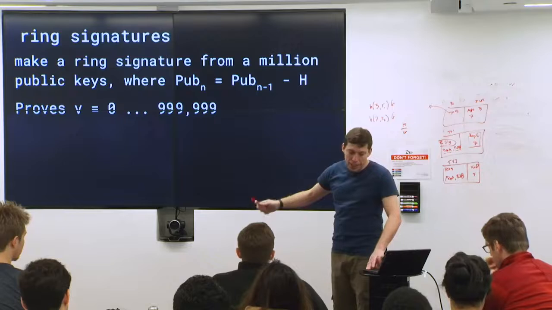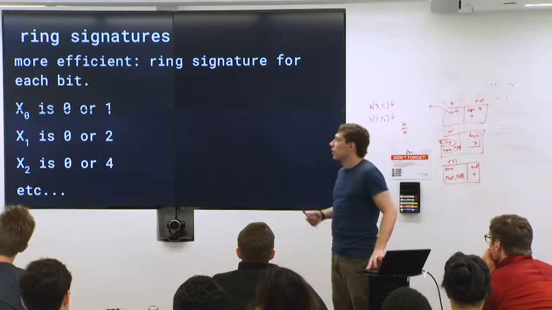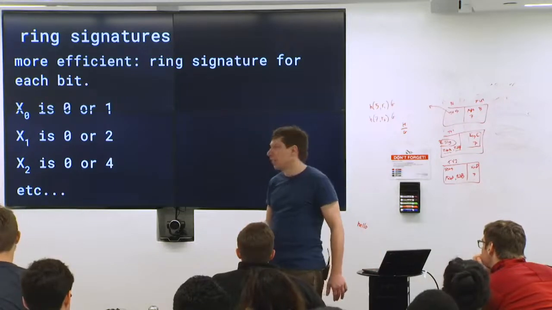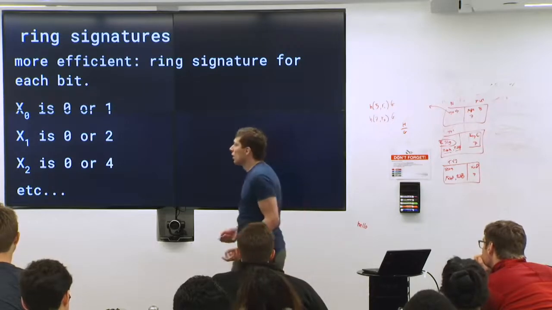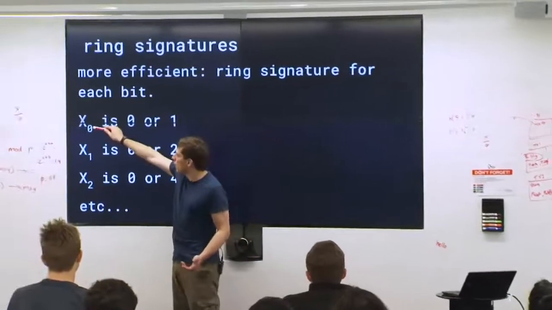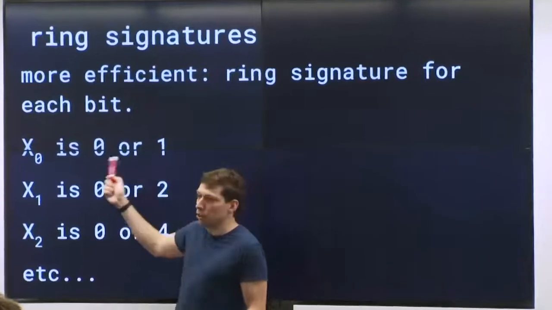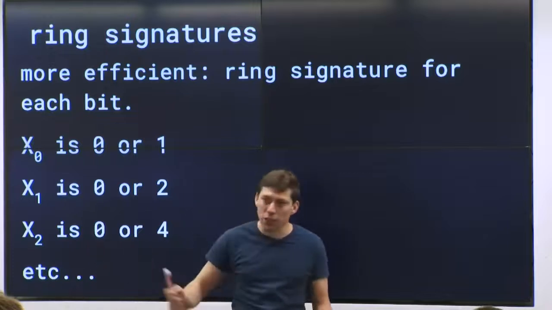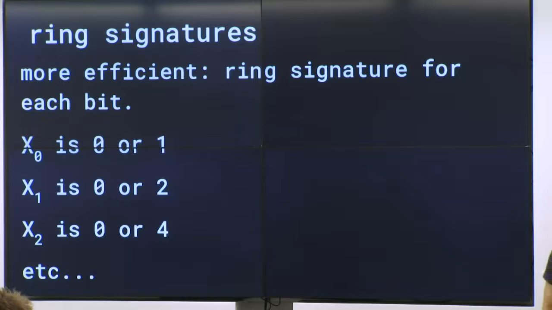So the way to actually make this practical is, let's say you have a ring signature for each bit. So you're going to have a different signature for each bit in your value. So for pub key x0, I'm going to have a ring signature where I prove that it's either 0 or 1. And here I'm going to prove it's either a 0 or 2. Here I'm going to prove it's either 0 or 4. And so if I have, say, 32 signatures, I can now prove a 32-bit number.